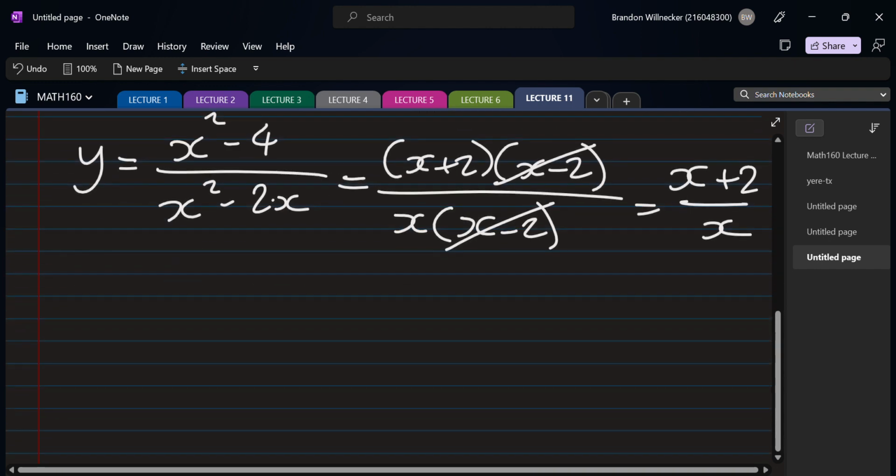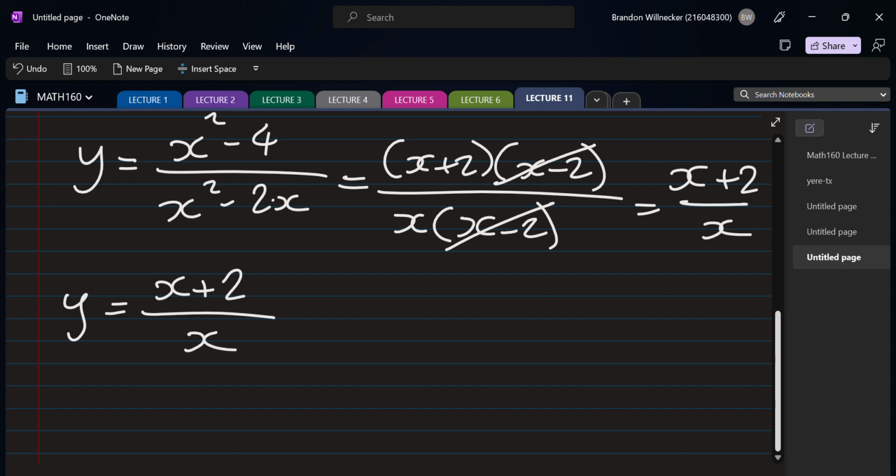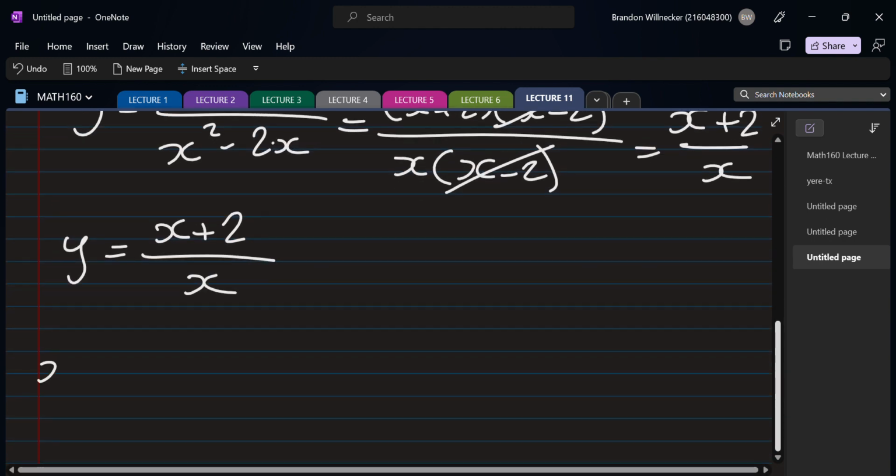Okay, so instead of that previous function, let's sketch this new function without that discontinuity. Okay, now we go through the list again. We look for intercepts, x-intercepts, y-intercepts, turning points, and so on. Okay, so x-intercepts.